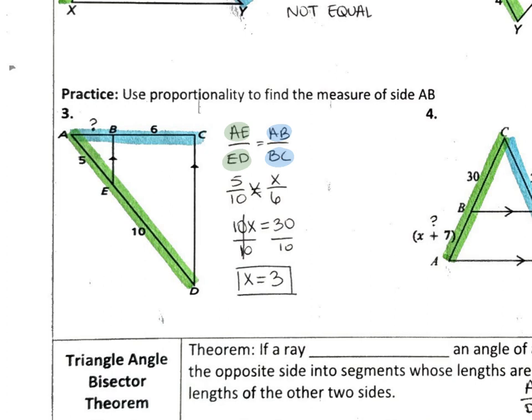When I cross multiply these, and I'm going to draw arrows instead of just little lines, I end up with 10x equal to 30, which is an easy solve. x is equal to 3, which means the side length AB is equal to 3, since that's the missing side length.